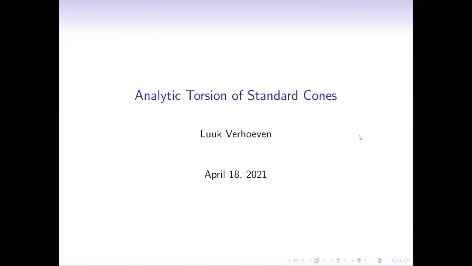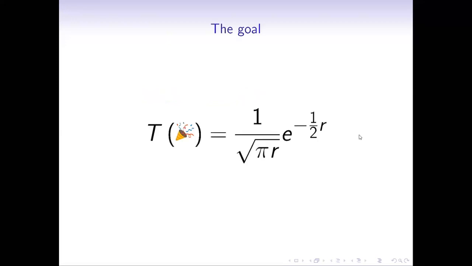So, analytic torsion of a standard cone. The goal of today is to show that the analytic torsion of a party hat is this expression here. That's going to be our nice example at the end.